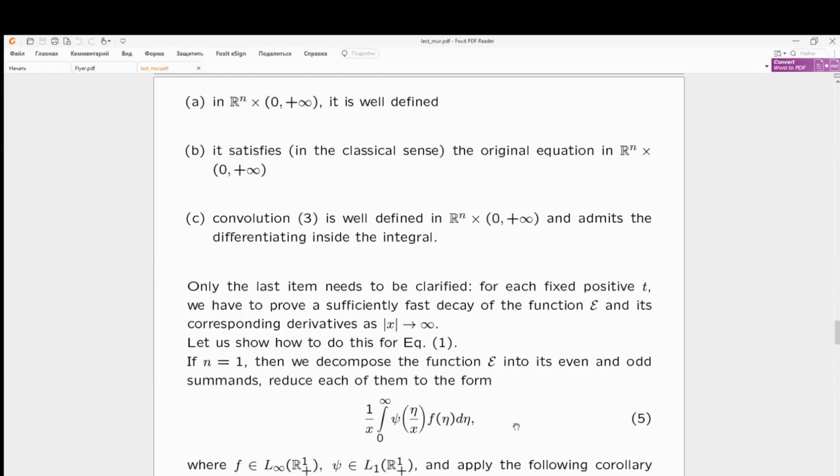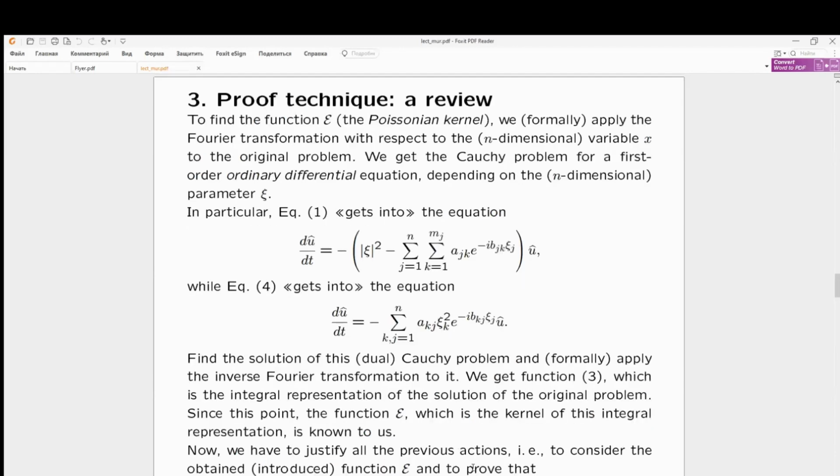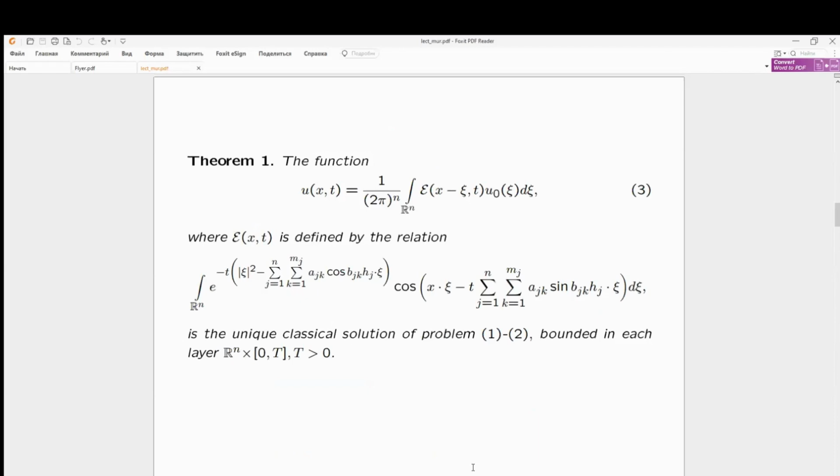Let me show how to do this for our equation 1, for the kernel of this form.